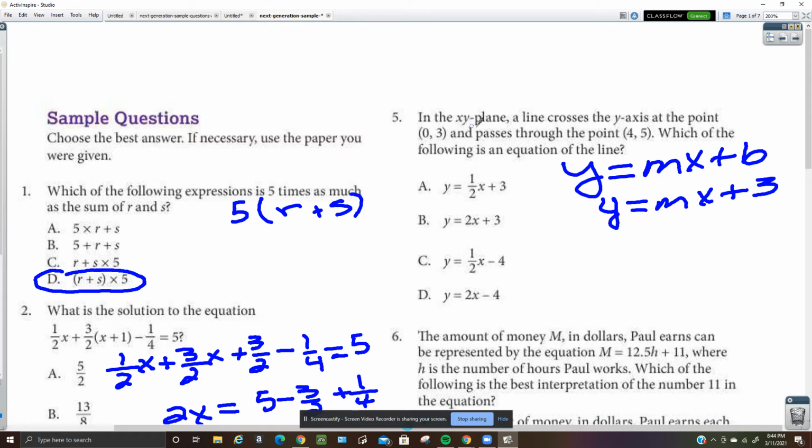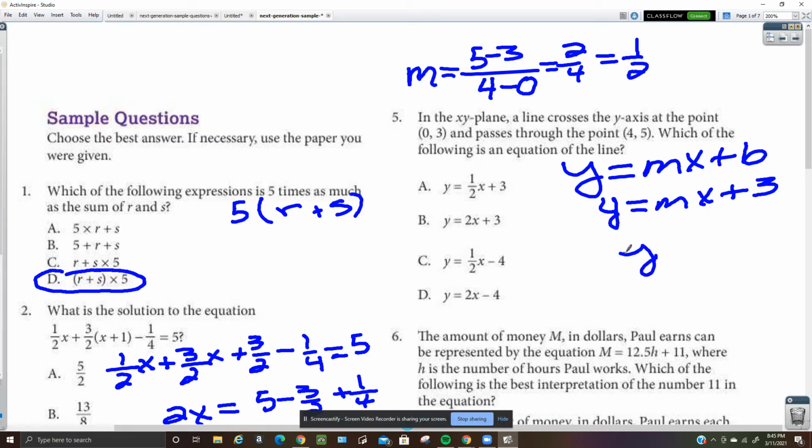So now you just have to find the slope between these 2 points. So m is 5 minus 3 over 4 minus 0. So that's 2/4, which is 1/2. So y equals 1/2 x plus 3.